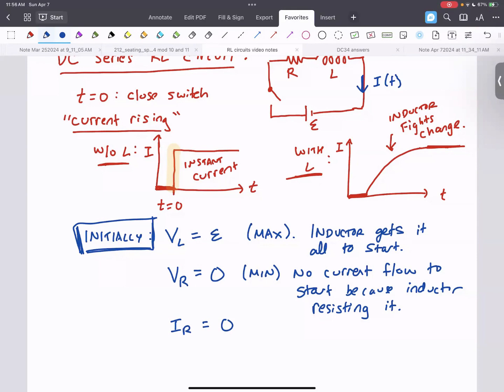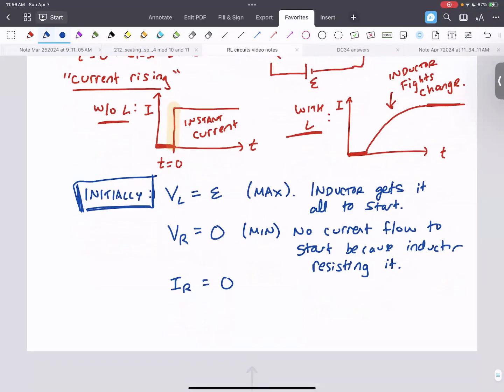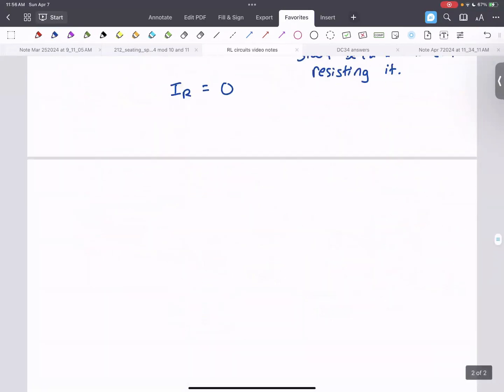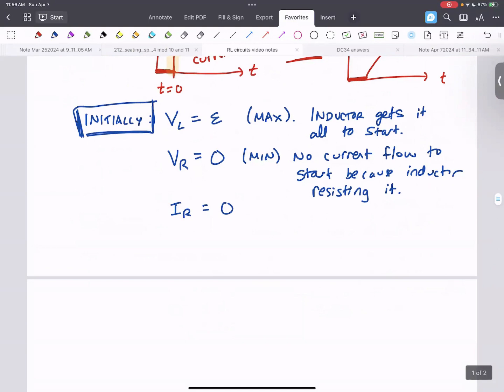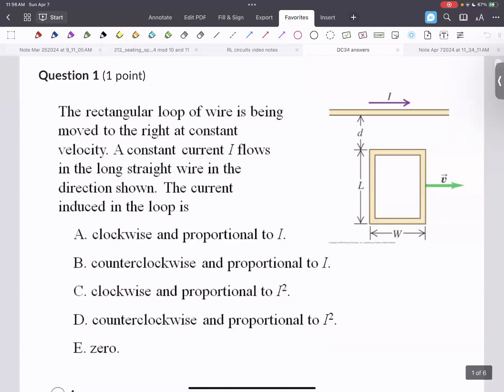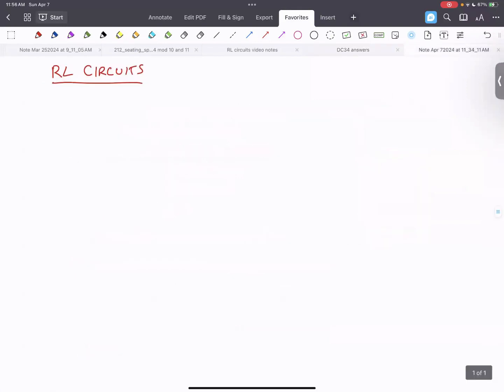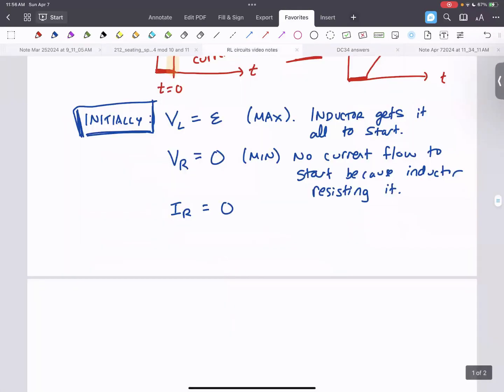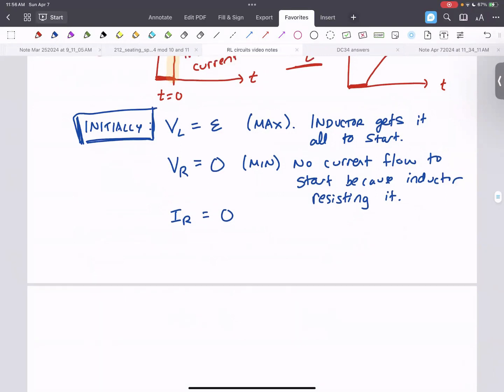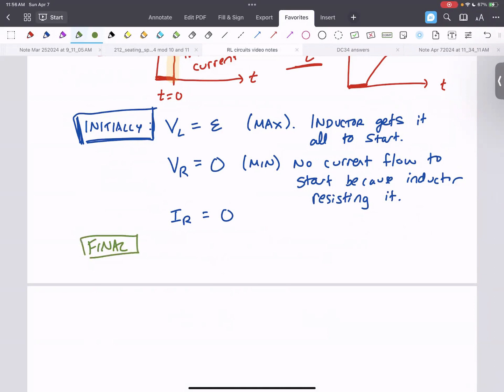And then what's going to happen is we're going to end up with the final scenario, and I'll use a different color for that here, and by final, I mean after a long time has passed, right?